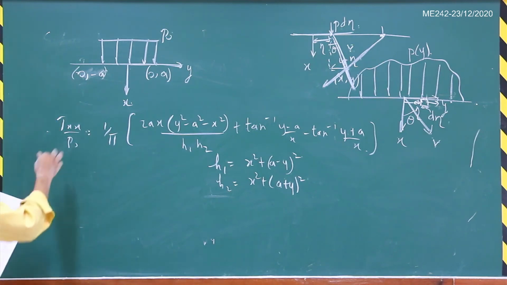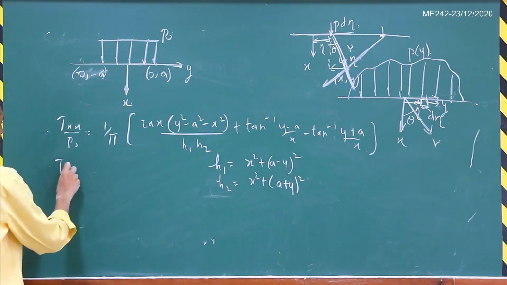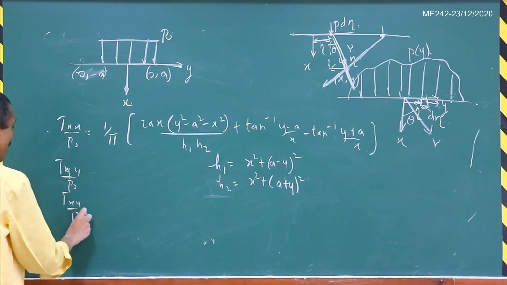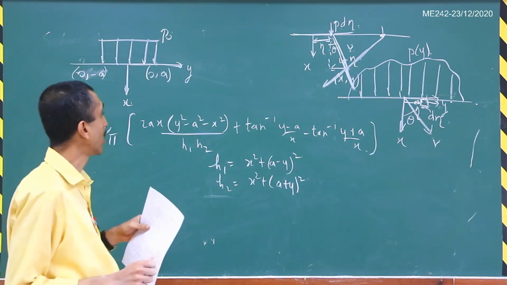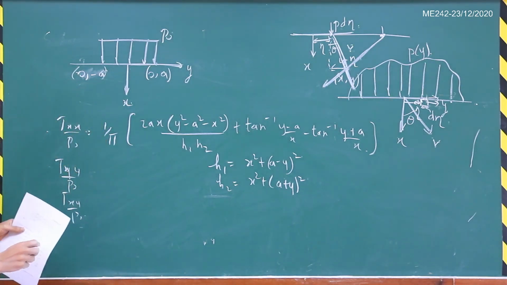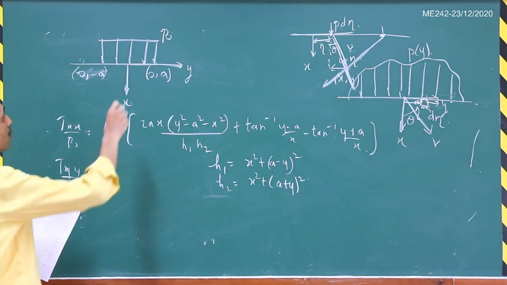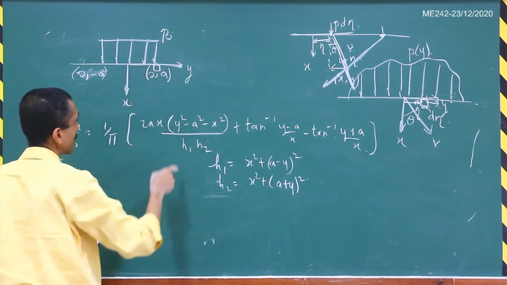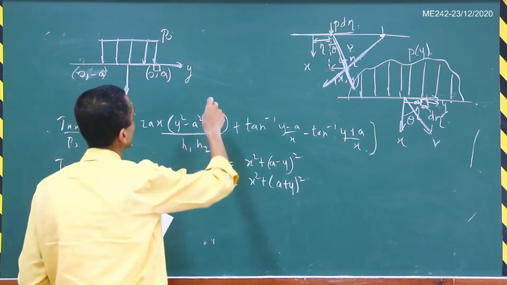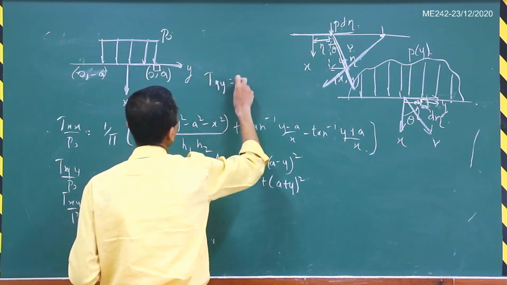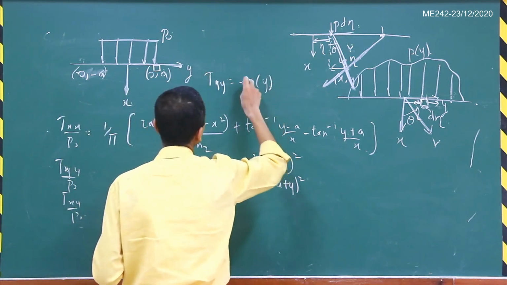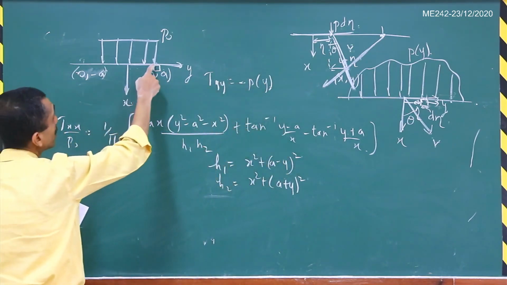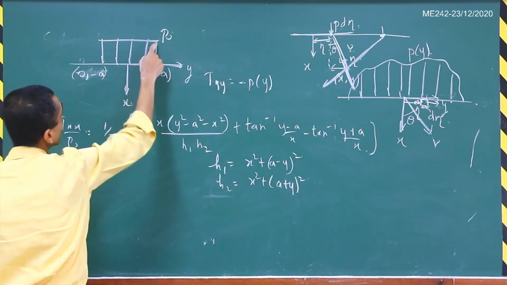And similarly, you can find the expressions for tau yy by P naught and then tau xy by P naught. But I just want to bring out one very peculiar feature of this solution here. If you see now tau yy right here, as I said, tau yy is equal to minus p of y, correct? So that is the result that we got at the surface. Now you will see that actually there is a jump in the tau yy, correct?